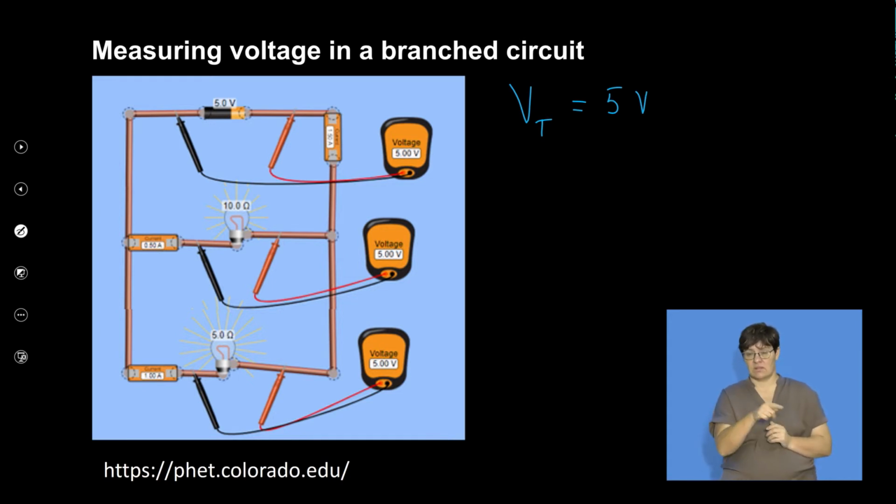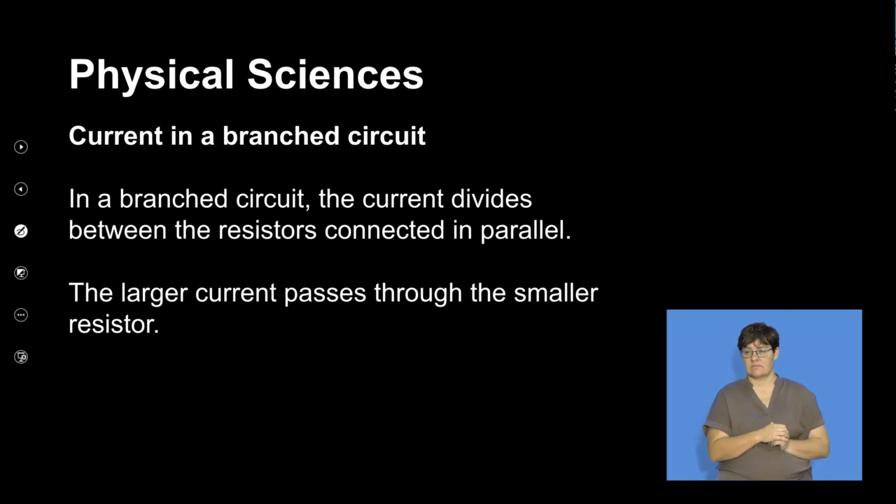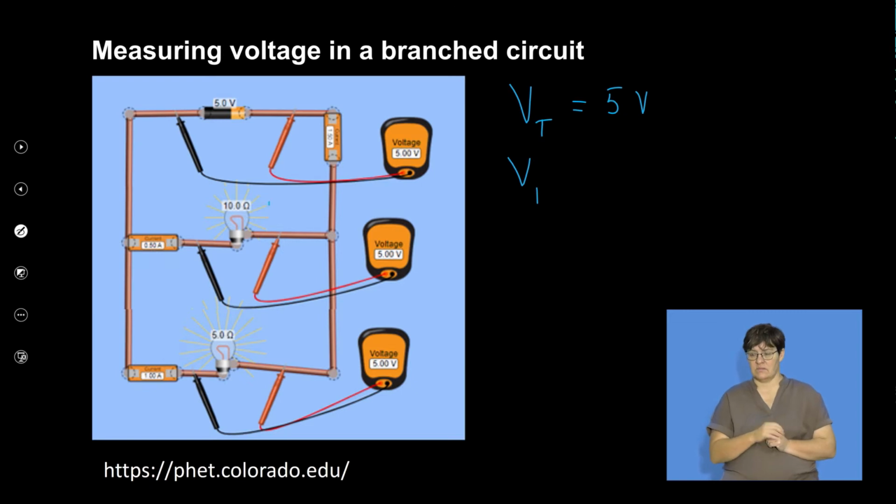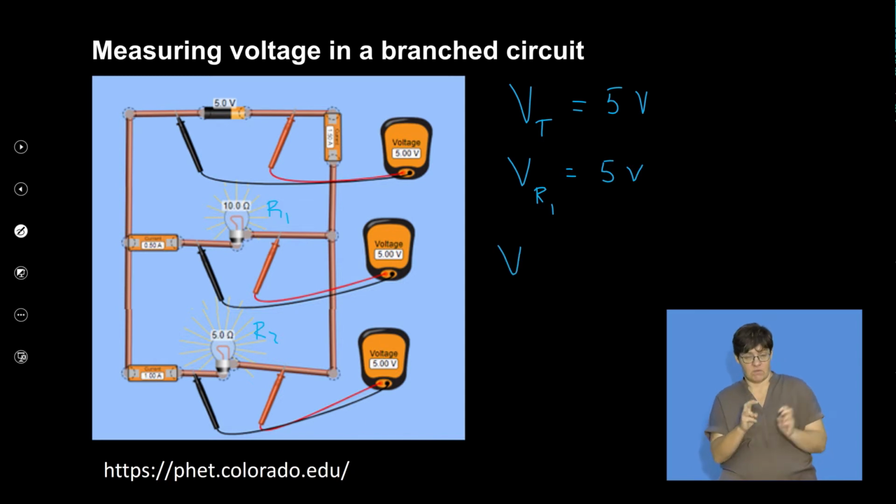And then the voltage across, just to be consistent, the top one, let's call it R1. So this is R1, that's R2. The voltage across R1 is equal to 5 volts, and then the voltage across R2, again, is equal to 5 volts.